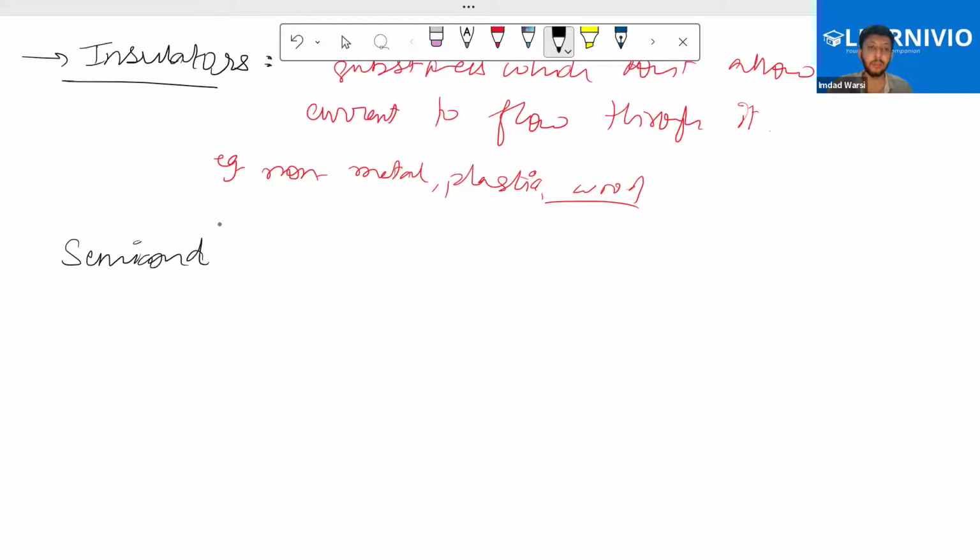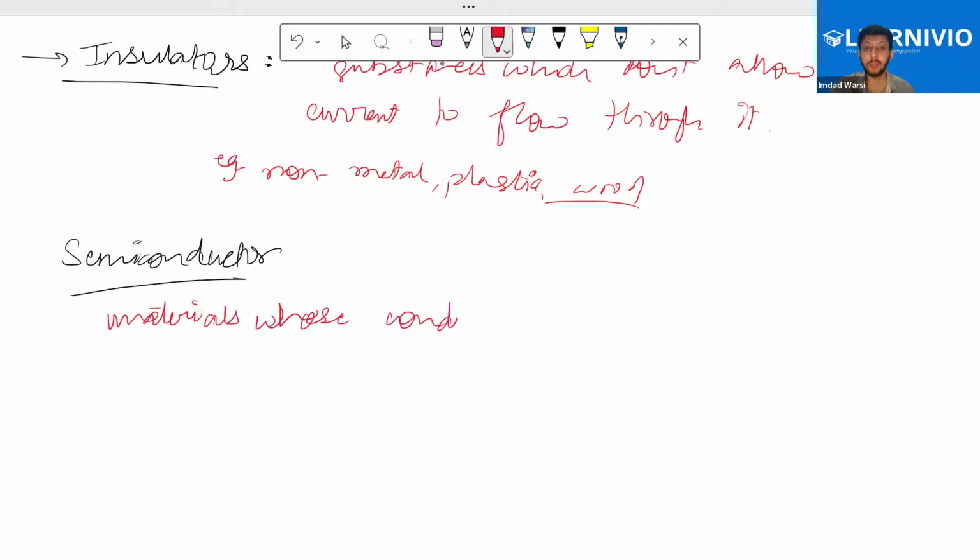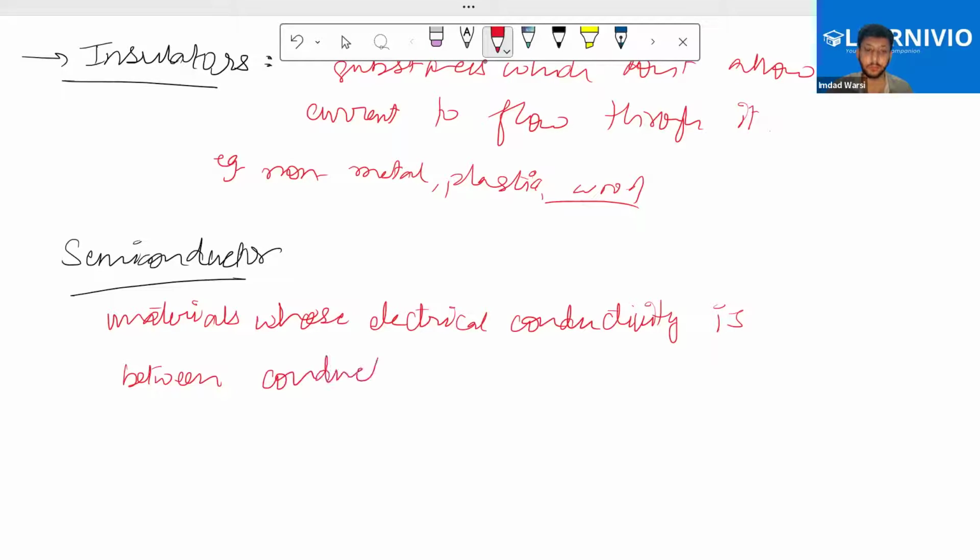Semiconductor. Put up the heading. Semiconductors are the materials whose electrical conductivity is between conductors and insulators.